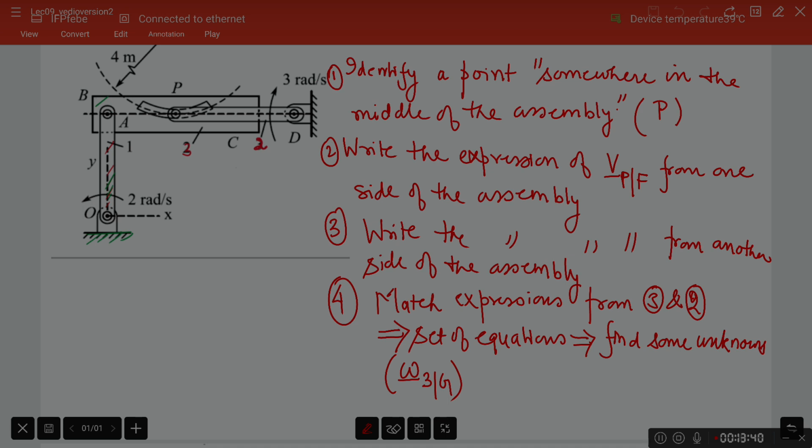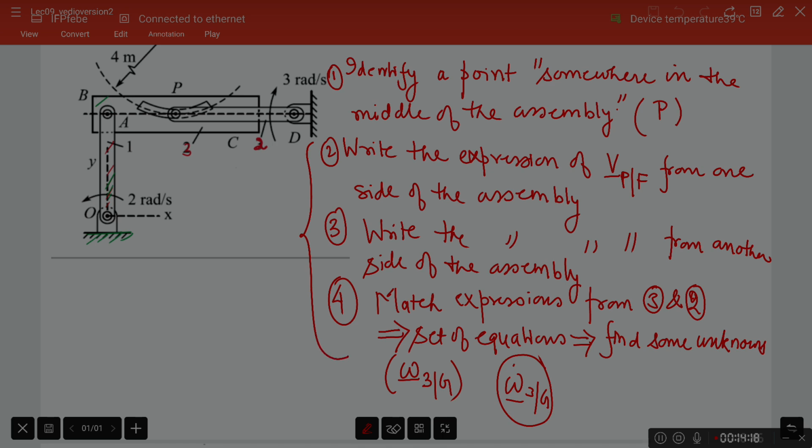We are being asked to find omega dot 3g, acceleration of 3 with respect to ground. However, these steps will be the stepping stone to find this quantity. I will illustrate this fully with my formulation in a little while. But for the time being, I propose these as the first 4 steps towards the final solution.